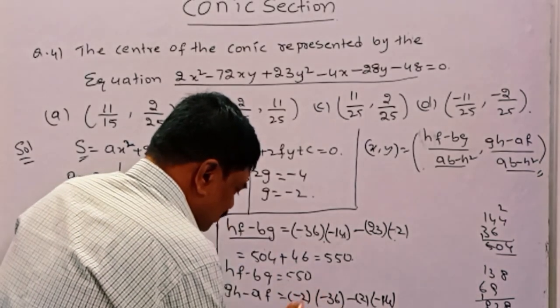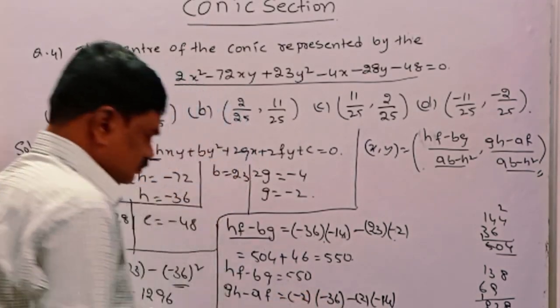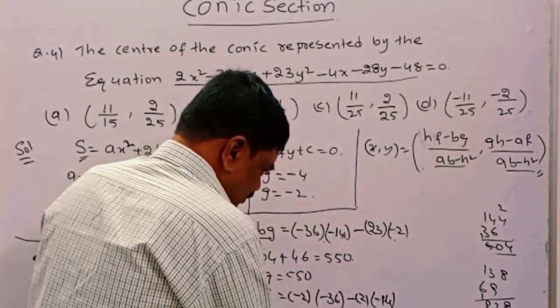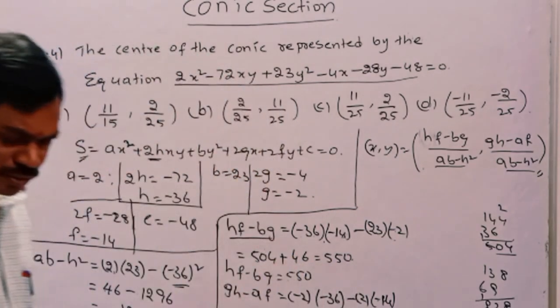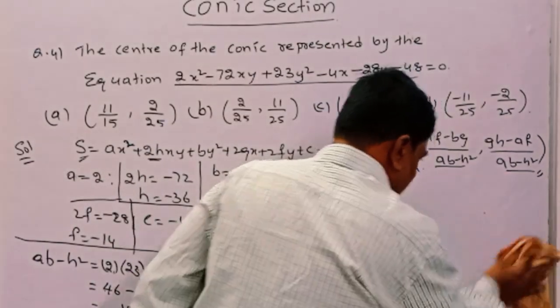Minus 2 into minus 36 is plus 72, and minus 2 into minus 14 is plus 28, so gh minus af is equal to 100.